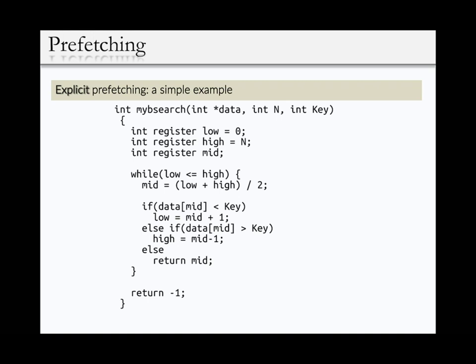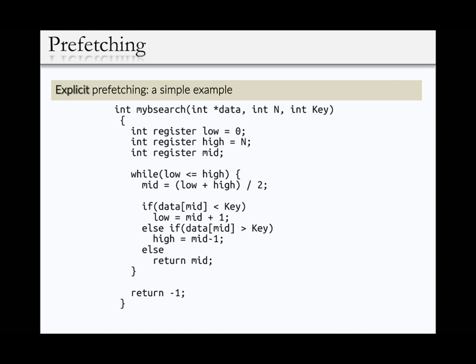So what happens here is exactly this. You compare, until low and high are the two ends of the array. So until you have more than one element in the array, you pick up the mid value and you compare.